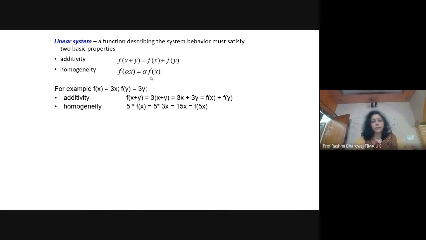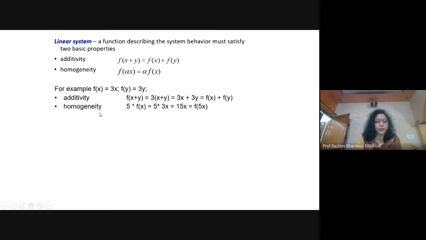Suppose I take a simple example. Let f(x) be 3x and f(y) be 3y. If I add, f of x plus y is 3 times x plus y, which, solving, is 3x plus 3y, equal to fx plus fy.